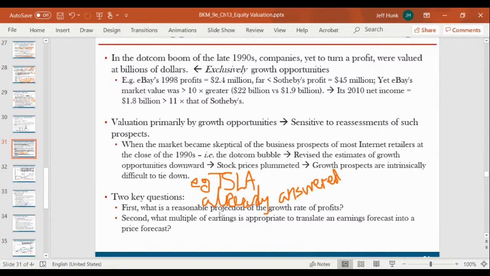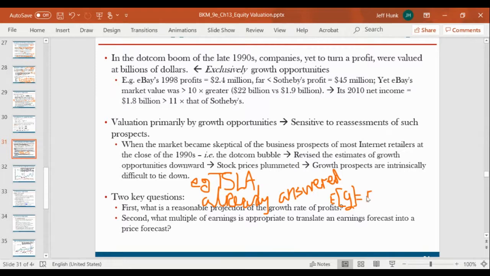First, what is a reasonable projection of the growth rate of profits? We know how to find the growth rate. Projection, of course, means forecast. You should be able to answer that. What is it? ROE times plowback ratio.